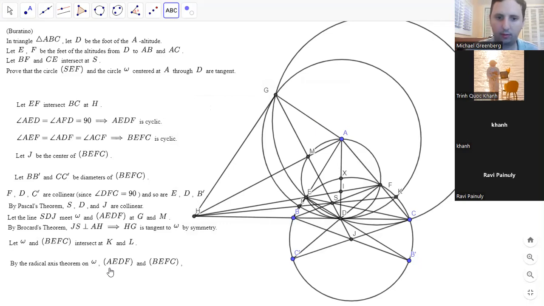But it's easy to see that S also lies on that, right? Because S has the same power with respect to those two circles.